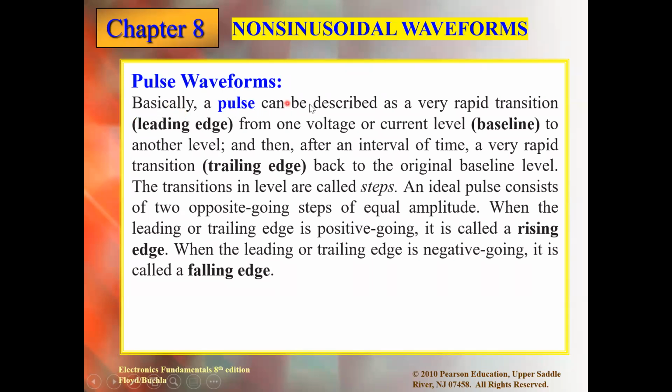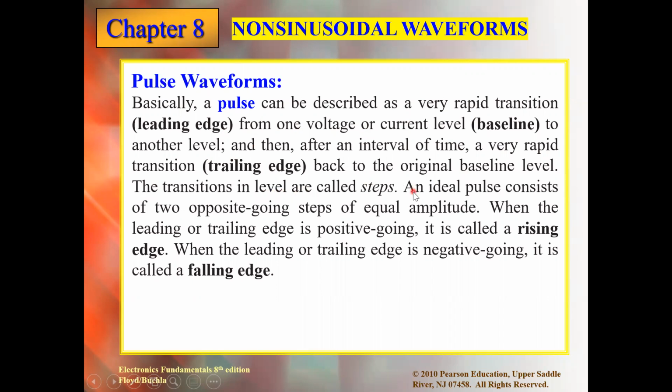Basically, a pulse can be described as a very rapid transition, the leading edge, from one voltage or current baseline to another level. Then after an interval of time, a very rapid transition, the trailing edge, back to the original base value. These transitions in levels are called the steps.